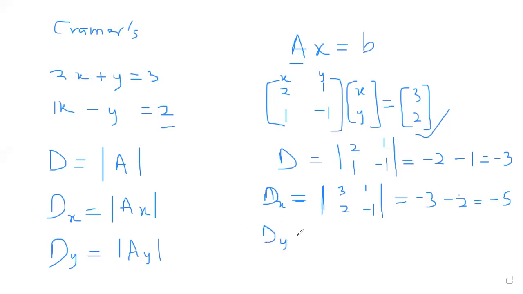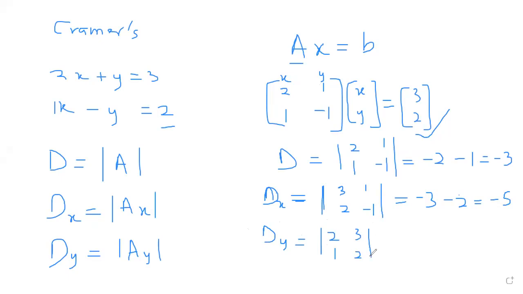So dy is going to be, this time you are going to replace the coefficients of y in the original matrix with the solution. So we have 2, 1, and then we replace the y. That will be 3 and 2.